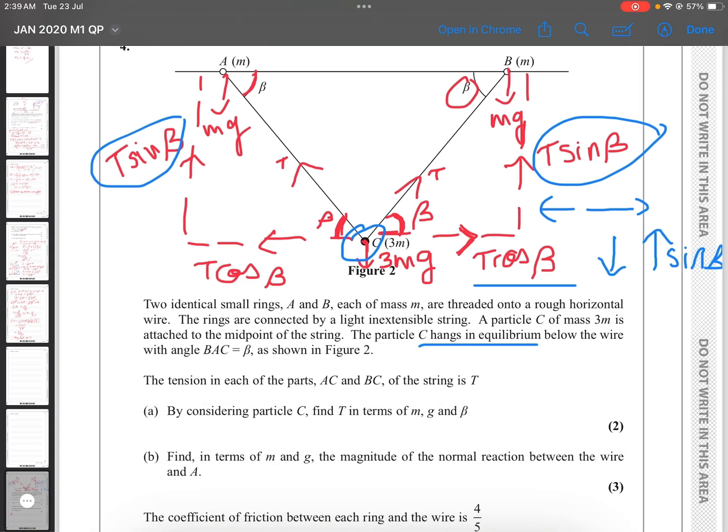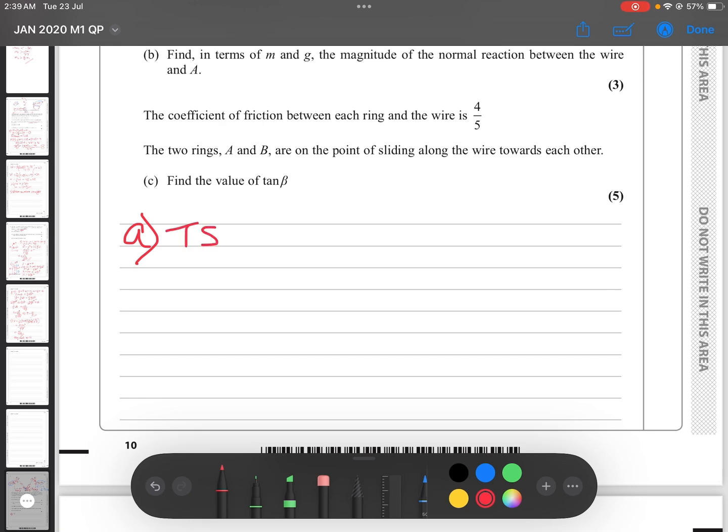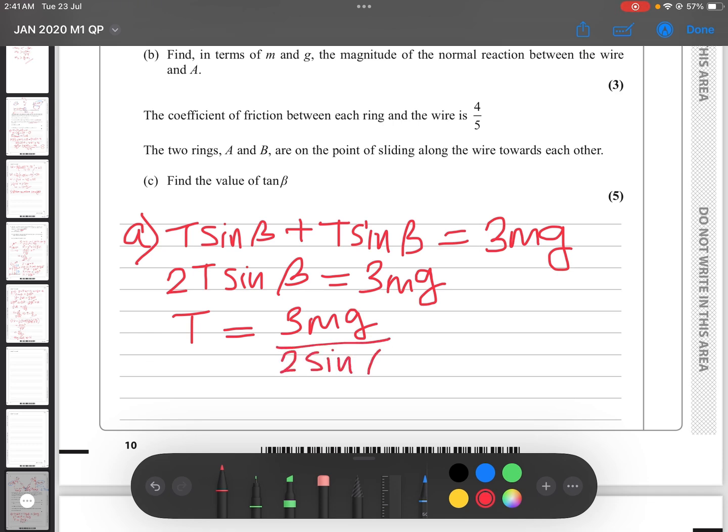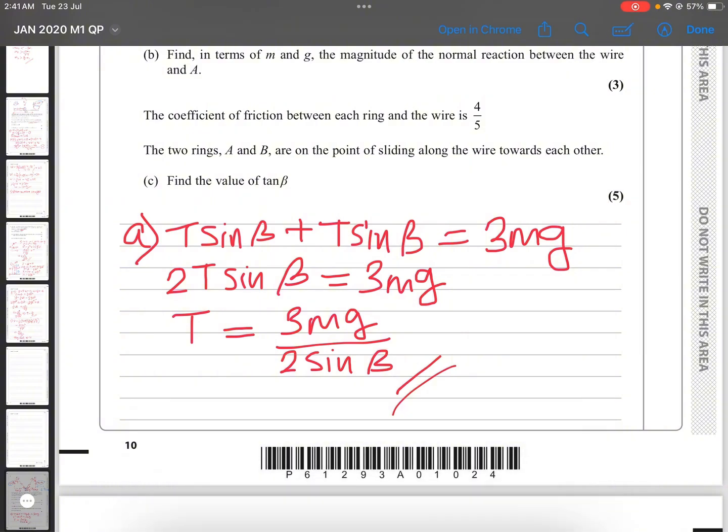So we can make the equation T sine beta plus again T sine beta. These are the upward forces. These are equal to 3mg, the weight. So simplifying this, it's going to be 2T sine beta equals 3mg. Making tension T the subject, we get 3mg over 2 sine beta. That is the answer for part A.